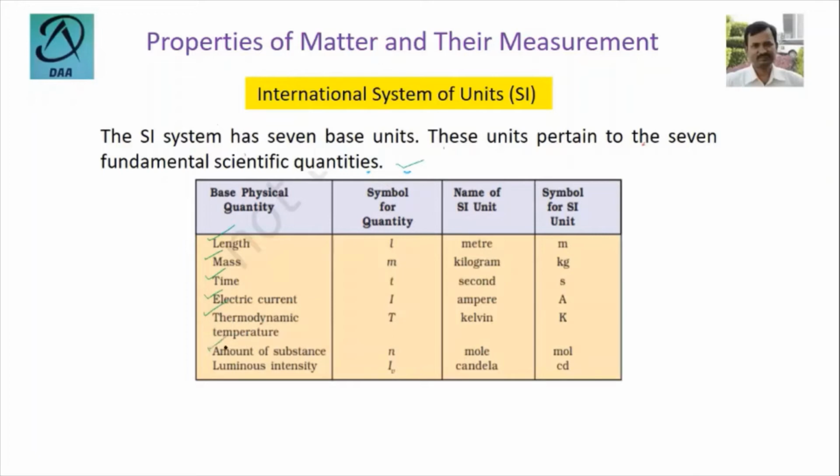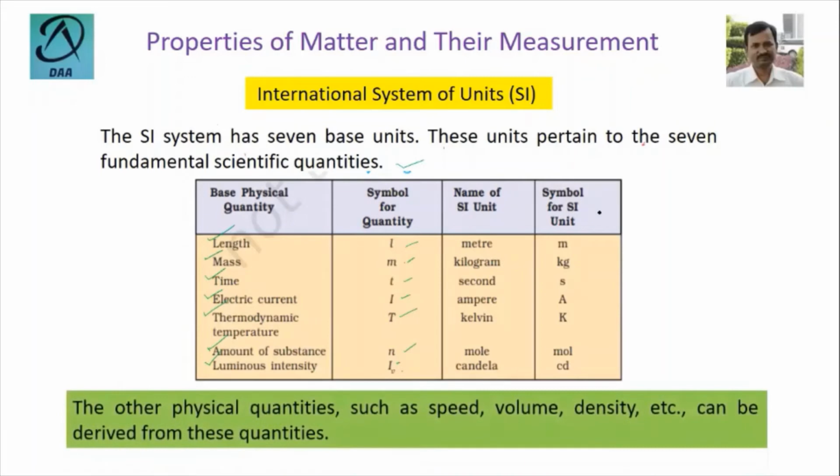Number 6, amount of substance. And number 7, luminous intensity. So these all have the symbol for the SI unit. We'll discuss them one by one now. The other physical quantities like speed, volume, density, etc. can be derived from these quantities.